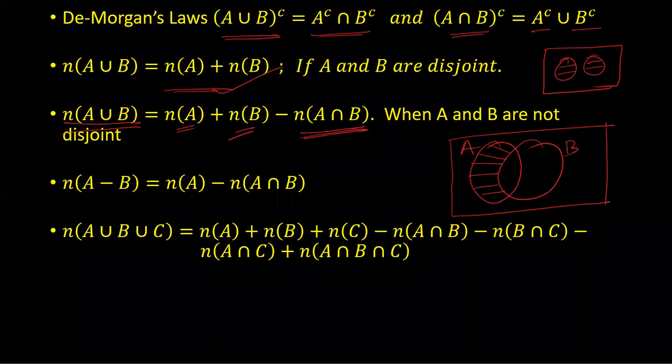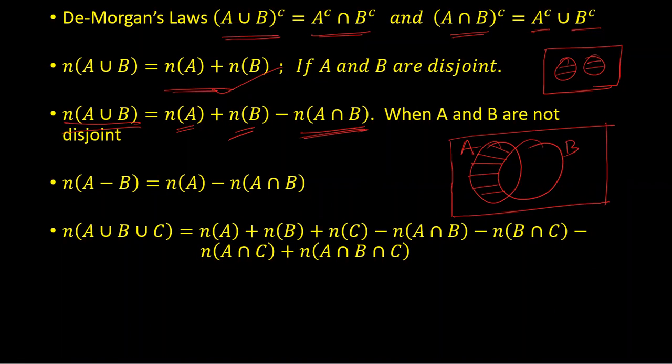To count the cardinality, I have counted all the elements of A, and then I have subtracted n of A intersection B, meaning this number of elements. If we subtract, you will get n of A minus B.